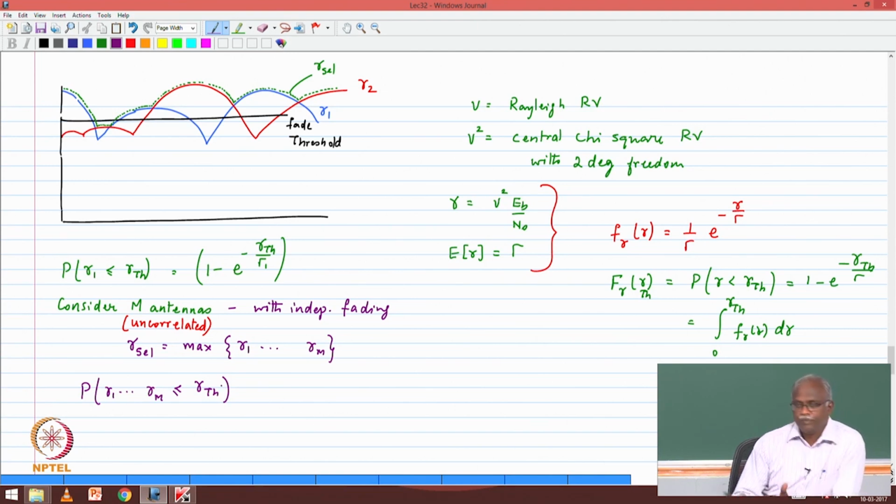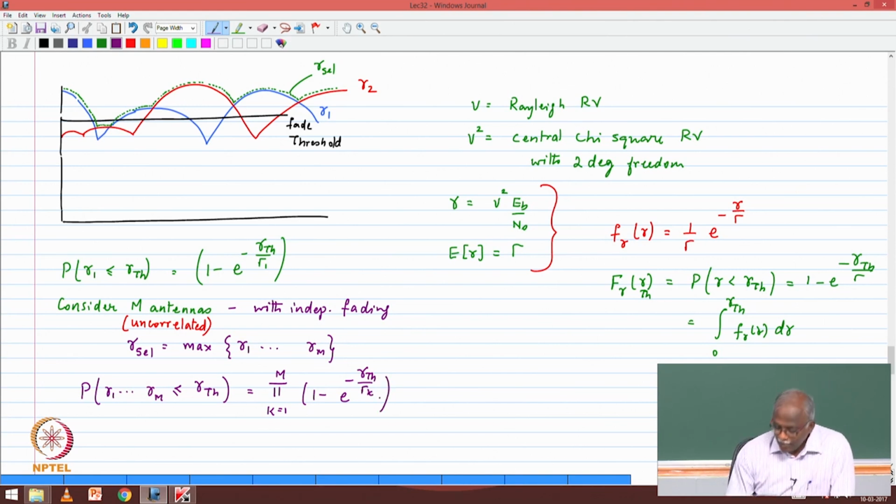That's like saying the maximum is less than the threshold, which is equivalent to saying all of the antennas are less than the gamma threshold. Because they are independent, it becomes the product, pi of k equal to 1 through M, of 1 minus e power minus gamma threshold by gamma k, where gamma k is the average SNR of that particular antenna.